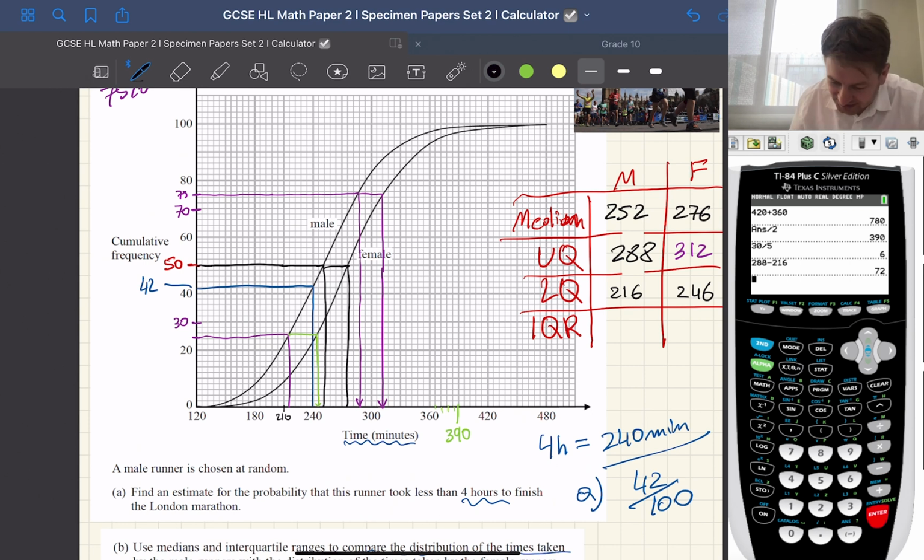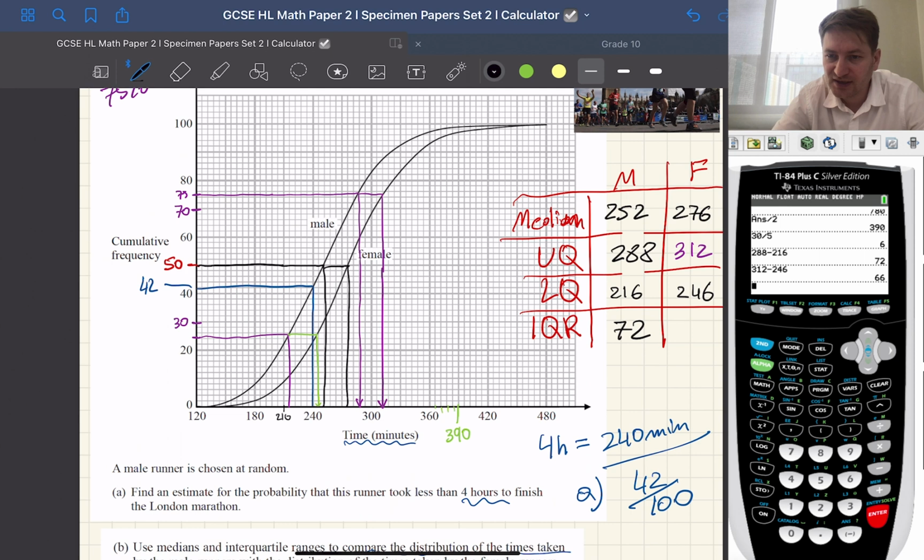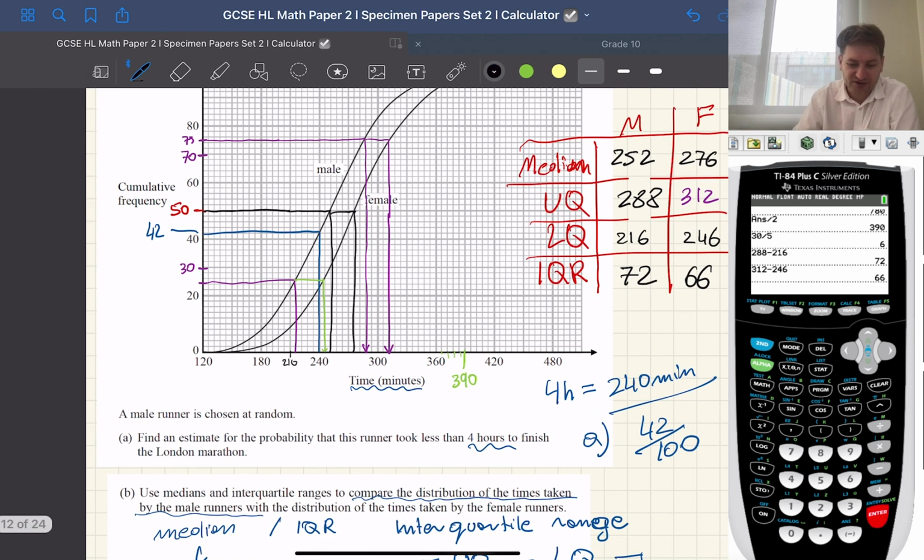This gives me 72. For the females, we're gonna go 246 minus 180. That gives me 66. All right, so I would say that's pretty accurate.